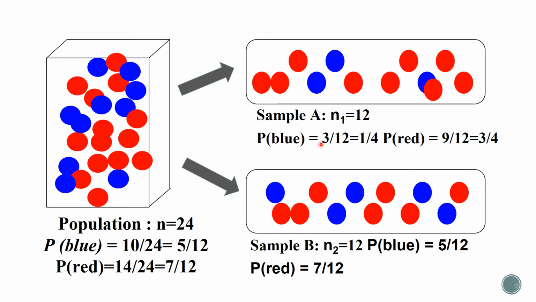But you realize that these two samples were randomly picked from the original population, yet there's a high probability of one sample not resembling the original population absolutely. This is what we call sample fluctuation.